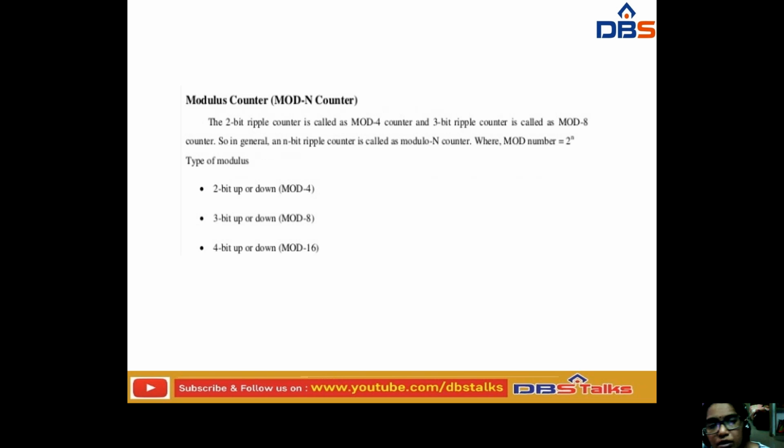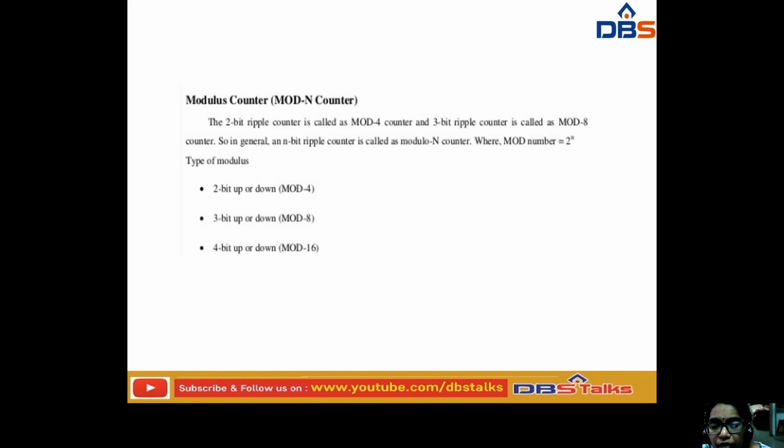If you have observed this modulus counter, the 2-bit ripple counter is also known as a modulus 4 counter, and the 3-bit ripple counter is also called a modulus 8 counter. In general, the n-bit ripple counter is also called a modulo n counter, where the modulo number is 2 power n.